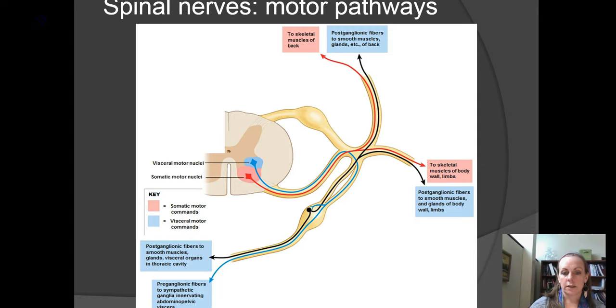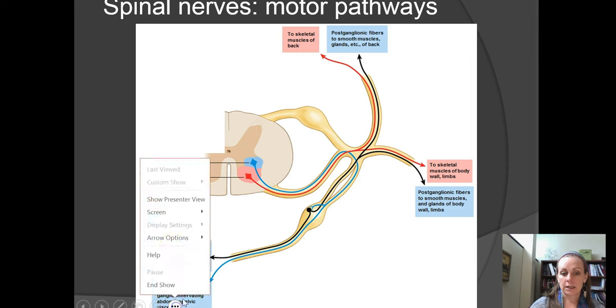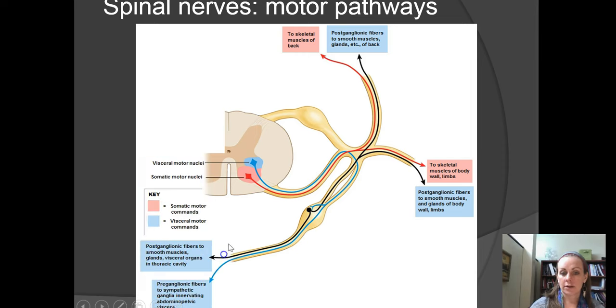Okay, so let's look at this. Let's say that we want to go to an internal organ. We're going to start in the lateral gray horn, go through the ventral root, spinal nerve, but we always have to go to the sympathetic ganglion. And we're following the blue neuron now.